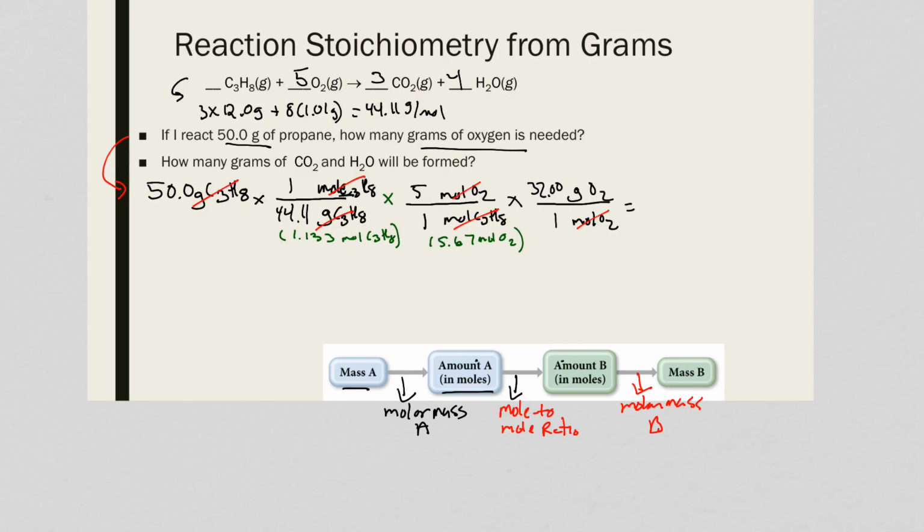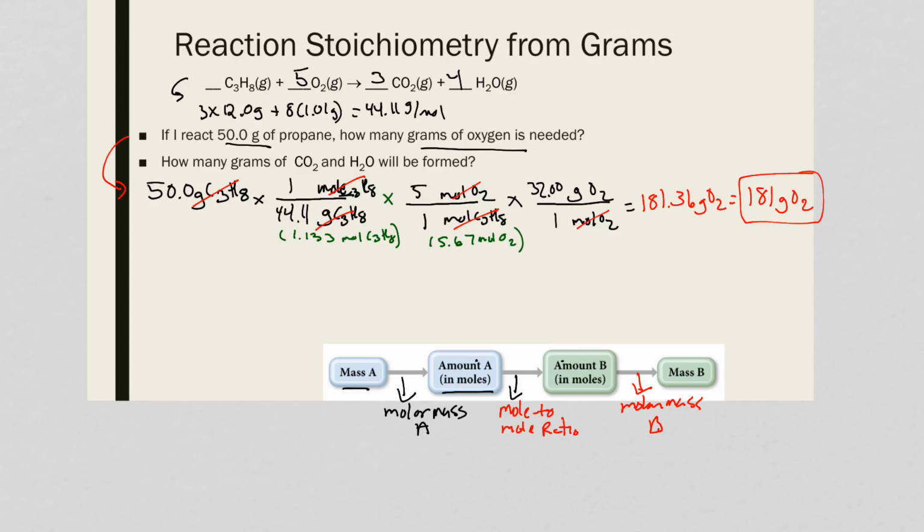So if I follow through my math, I take my 50 divided by 44.11 times 5 divided by 1, and then times the 32, we end up with 181.36 grams of O2. Now, significant figures, I'm going to have 3 from my original value. So that means I have 181 grams of O2 is how much I need.